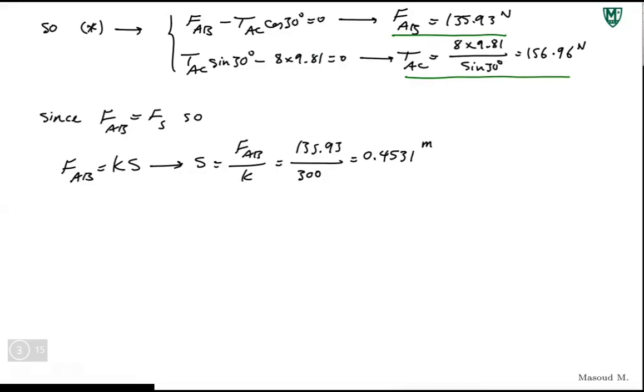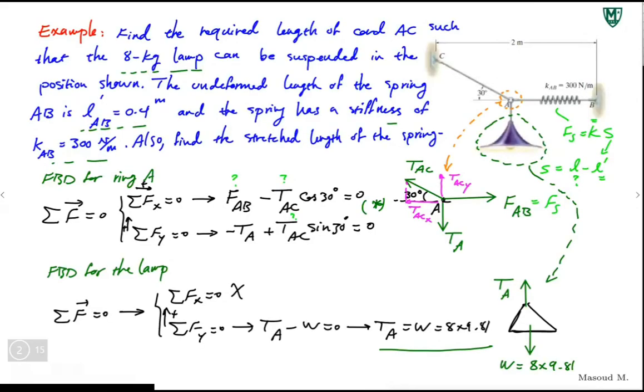Now that I know the value for S, what is S? S is L minus L prime: the deformed length after we apply the force minus the undeformed length. I know S is 0.4531. The deformed length is what I'm looking for, minus the undeformed length that I'm given in the problem statement.